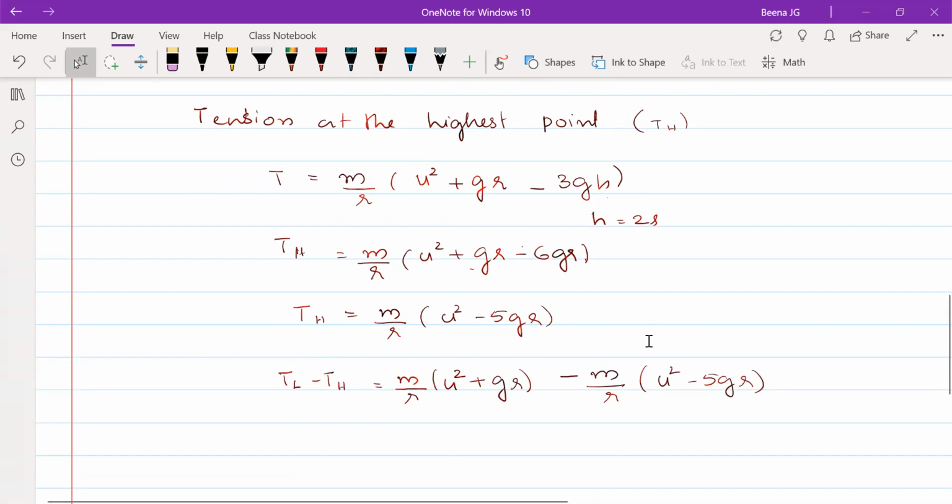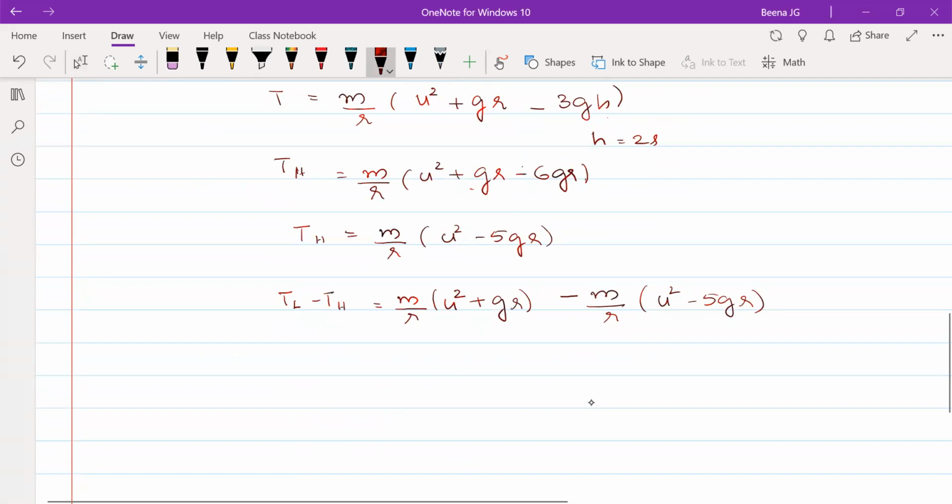So when we simplify this, what will we have? M by r, u square will get cancelled. So you have this as equal to m by r into gr plus 5gr. R will get cancelled. And so you now have 6 mg.